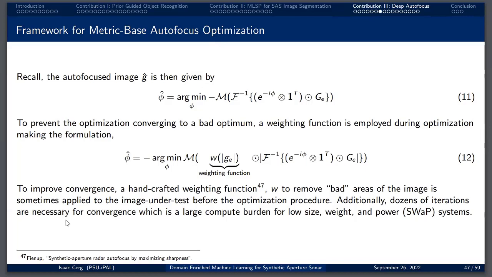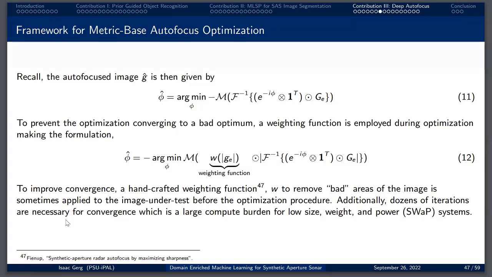So again, I just want to pull up this equation, showing how the traditional metric-based methods work. What you often find with these methods in practice is a lot of convergence problems. You don't know what the learning rate or gradient step size should be. You'll get images which really don't fit the contrast or sharpness model that you have.